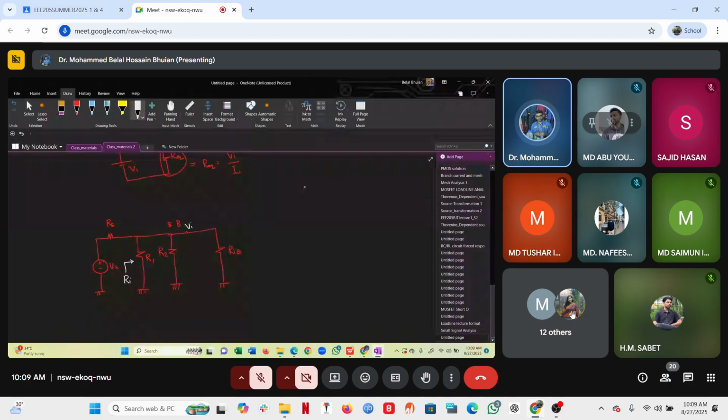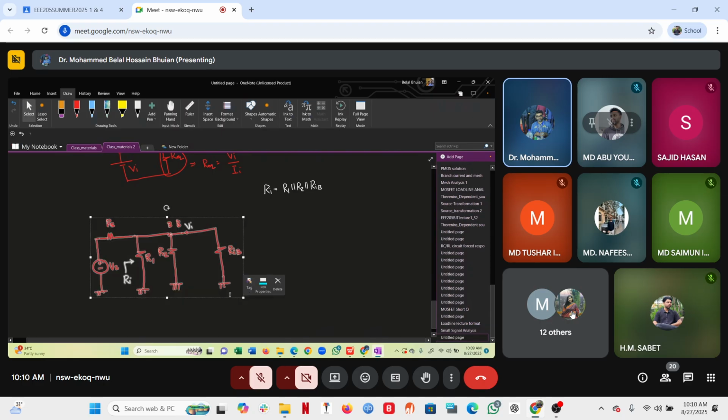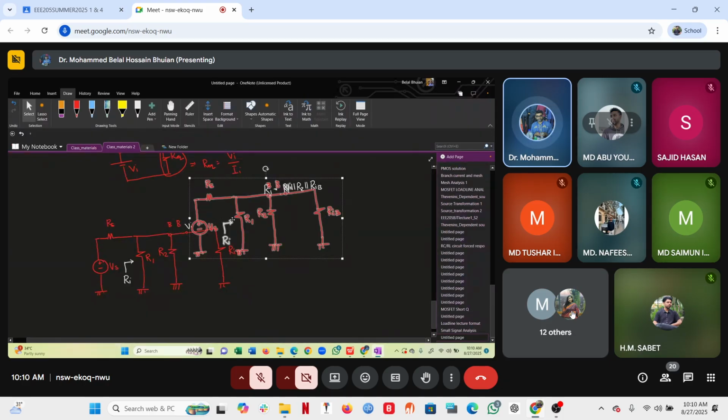If I take two steps back, you're going to see, looking from here, R1, R2, and RIB are in parallel. So RI is very simple: R1 parallel R2 parallel RIB. I can simplify it like this.